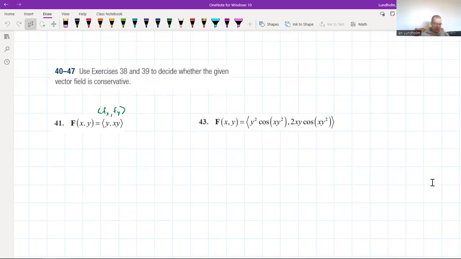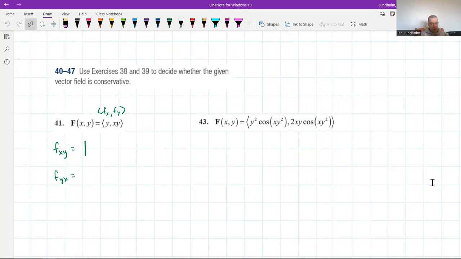It's been a while since we've invoked Clairaut's theorem, but if our potential function is well behaved, the mixed partial derivatives should match. In this case, if we looked at our partial derivative with respect to x and then take the partial derivative with respect to y, we would get 1 for this one, because the partial derivative of y with respect to y is 1.